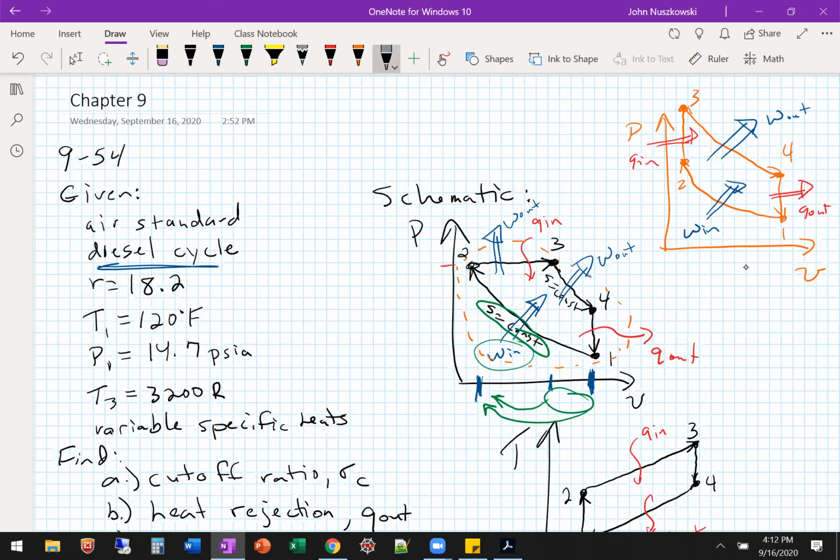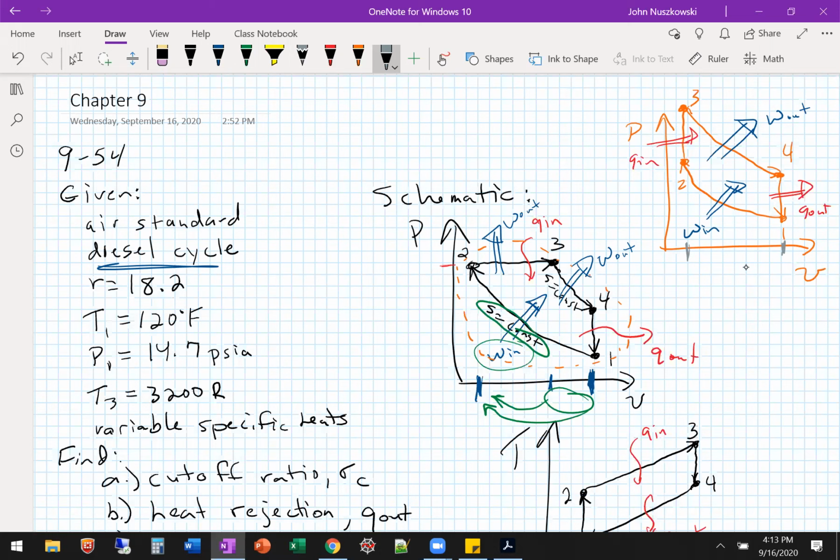Everything's occurring just at the largest volume or the highest volume. So compression ratio is the only thing you have to worry about. And then the heat in, there's no boundary work, so it ends up being delta U, change in internal energy, just like the heat out, because it's both at constant volume.